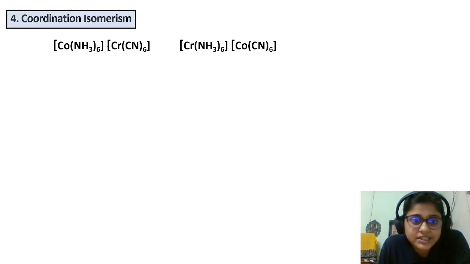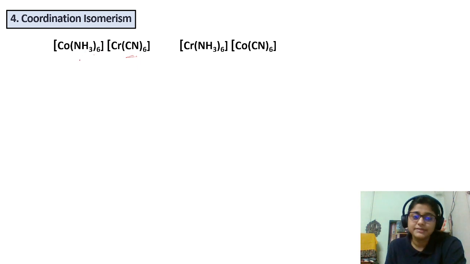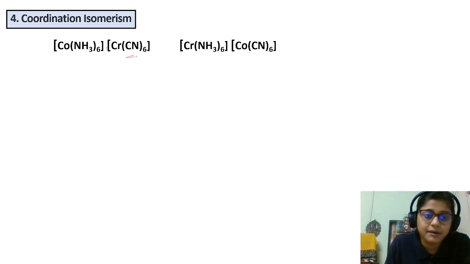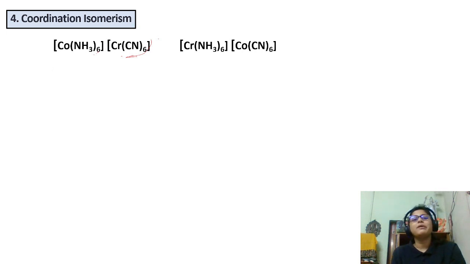Next is coordination isomerism. You can see in this example, this is the positive part of the complex. Here two complexes are present which are actually neutralizing each other. This is positively charged, since a neutral ligand is present, and this is negative, since CN minus is present, so this whole complex is negatively charged. These two are neutralizing each other.